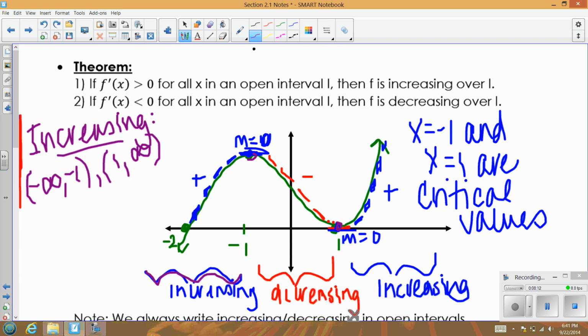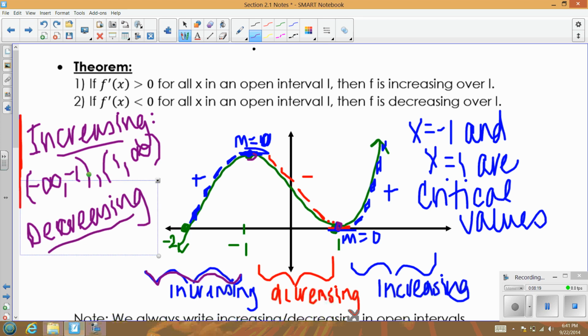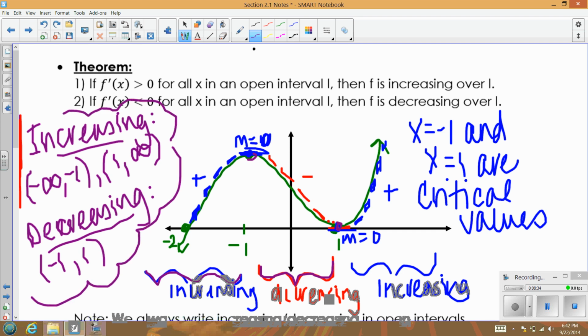The function was decreasing from -1 to +1. And again, I'm using the parentheses or round brackets because you are never going to include those horizontal slopes, or those slopes that are 0, at the turning points. So increasing and decreasing is always going to be in open intervals.